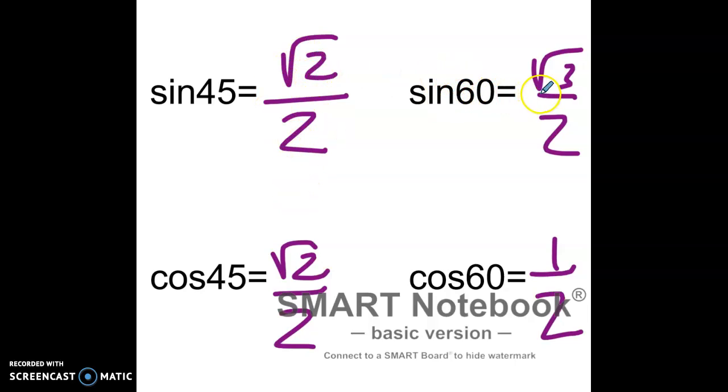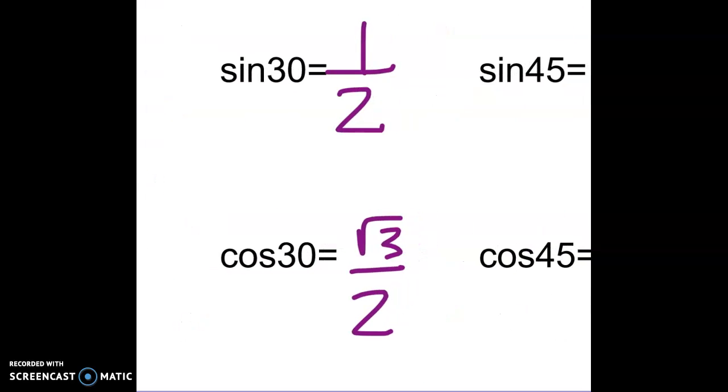The sine of 60 would be the opposite side, the square root of 3 over 2, divided by 1, so it's just the square root of 3 over 2. Cosine is the adjacent side over 1, so just the square root of 3 over 2. Cosine, and you kind of get the idea there. So that's how we're going to use those triangles to help us find the exact values.